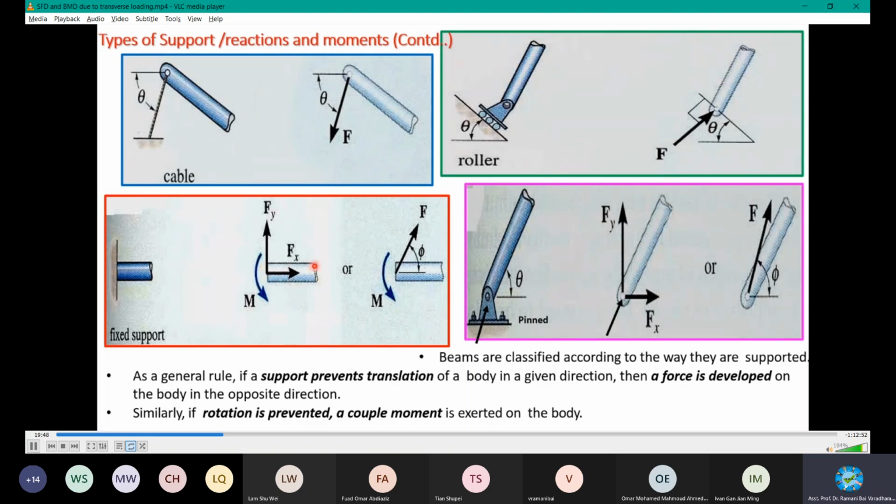Because the movement in this direction is restrained, it will provide a reactive force in this direction. And because the movement in this direction is prevented, to and fro, it will react by providing a reactive force developed in the y direction. In addition to that, there is a moment.